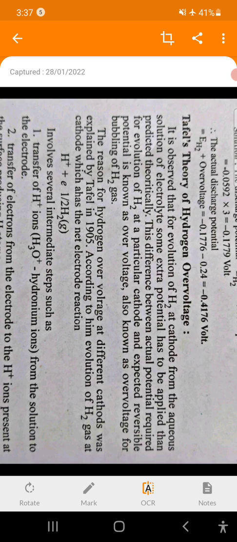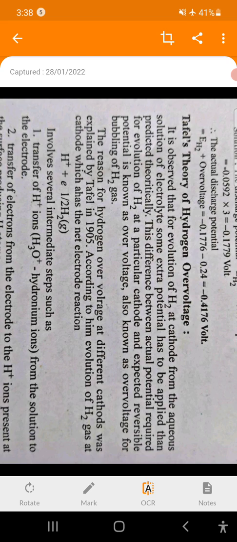For example, for H2 evolution at the cathode, there are different steps. The first step is migration of H plus ions from the solution towards the cathode surface.